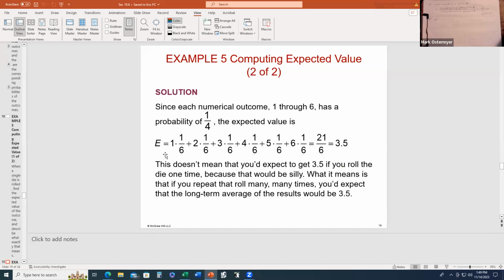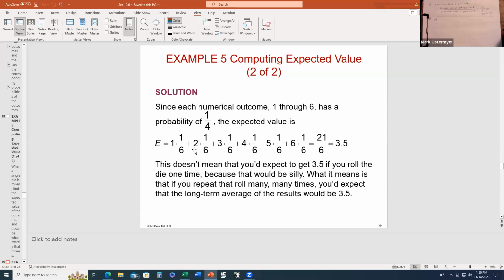So if we were to roll this die over many, many trials, suppose we roll this single die maybe like 500,000 times, and we kept track of what face came up. We would expect on average for all these faces to average to about 3.5. Now, how did we get that? Well, when we roll a die, we could roll a 1, and the probability of that occurring is 1/6.